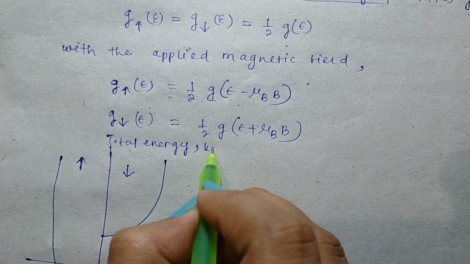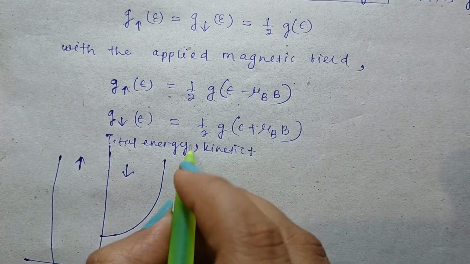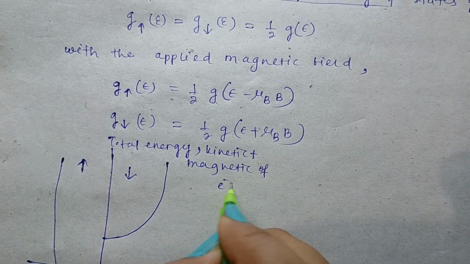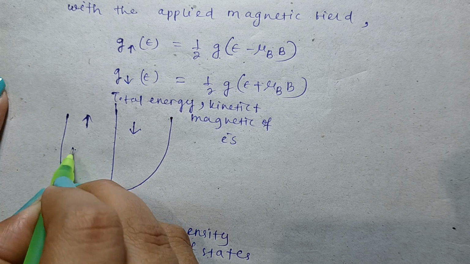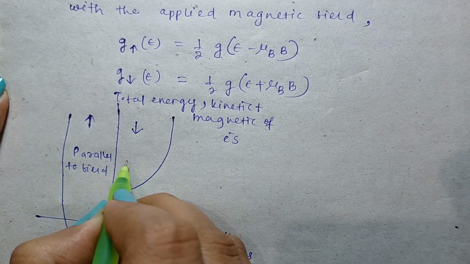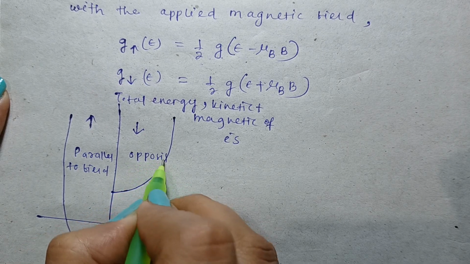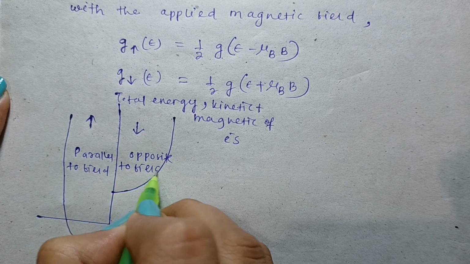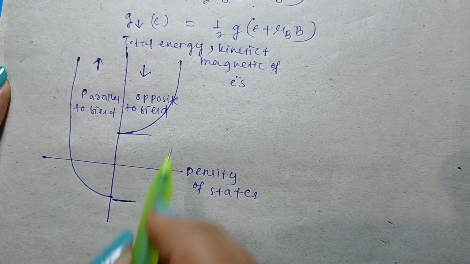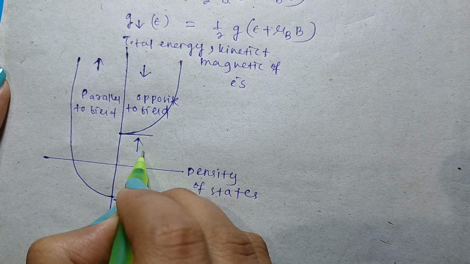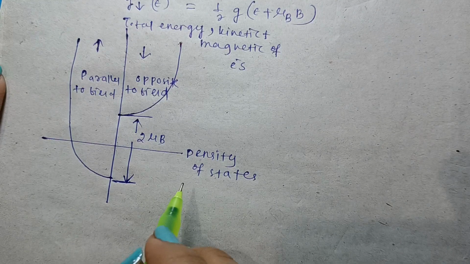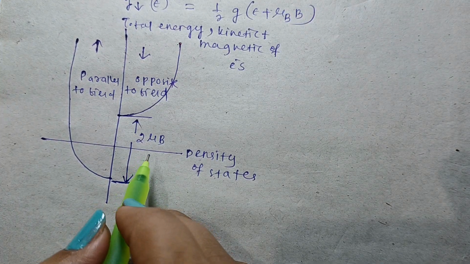Total energy is kinetic plus magnetic energy of electrons. This is parallel to the field and this is opposite to the field, and the distance between these two is 2 mu B.